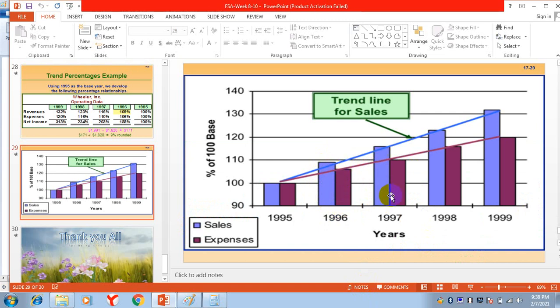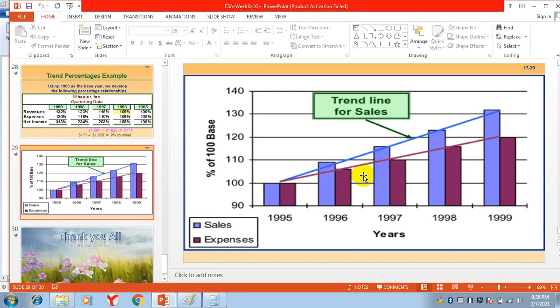Similarly, you will make it for this year, and similarly for this year. Then you will draw a line which passes through these points, like this. Similarly for expenses, from here, this line.